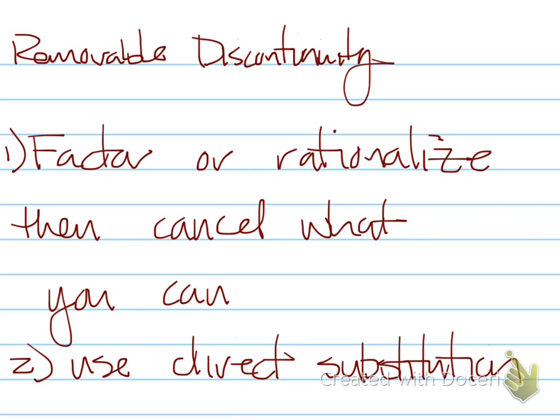Once you factor the polynomial, you may be able to cancel a common factor in the numerator and the denominator, removing the discontinuity, and then you can use direct substitution at that point.